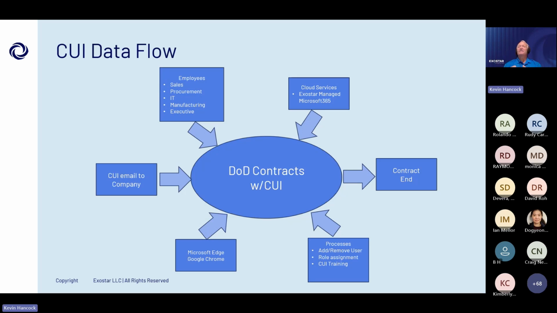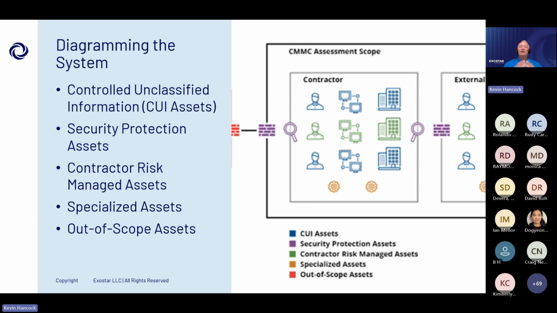And then there's a number of different controls underneath that. And so how do I implement each of those controls to enforce my particular policy? And that's really where diagramming that system, understanding each of the different people and assets that are part of that and what those things are, comes in.